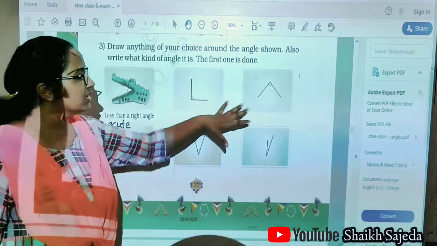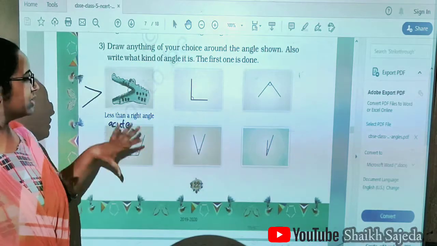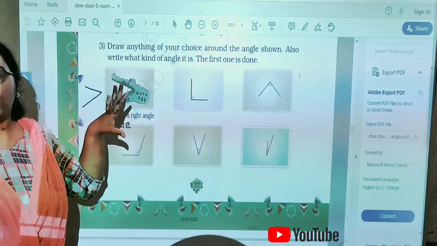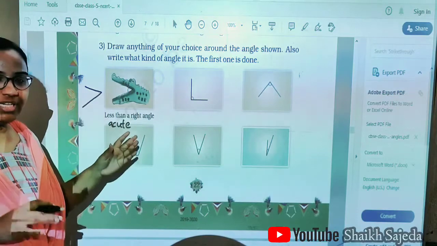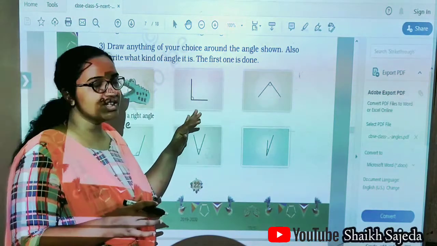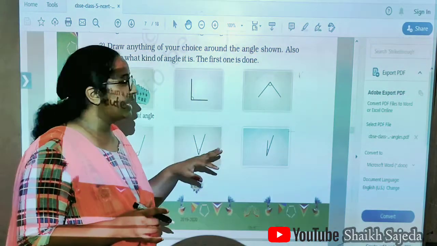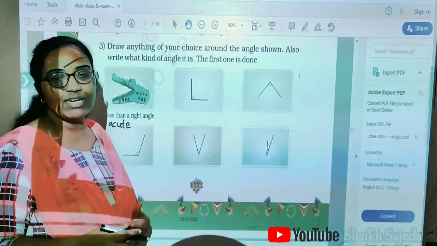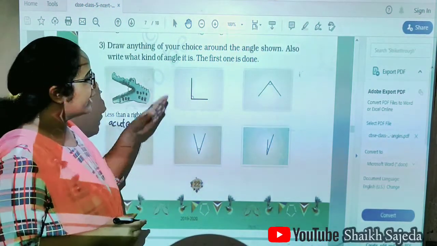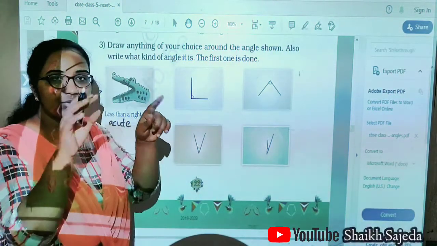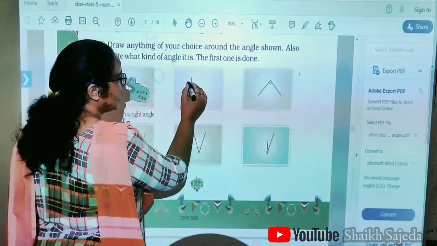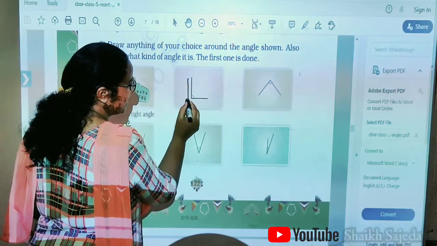Now around all these angles we have to draw such objects, and after that we have to identify which type of angle that is. So first here it is given a right angle. So around this right angle we have to draw a picture. So here I will draw a picture like this.